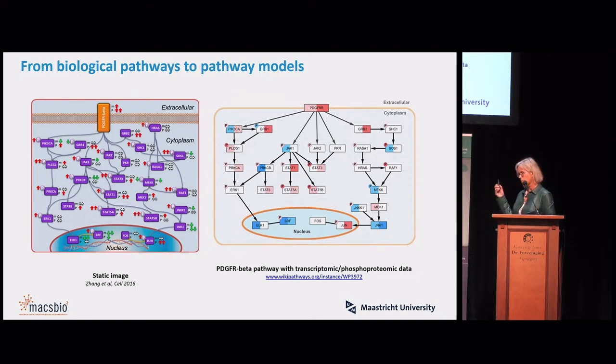And this started 20 years ago when the first data scientists and bioinformaticians started converting these static images that you see on the left here into interactive pathway models. These pathway models organize knowledge, they represent it in a graphical way, they are machine readable, and they give much insight into biological mechanisms underlying certain observations that we do.